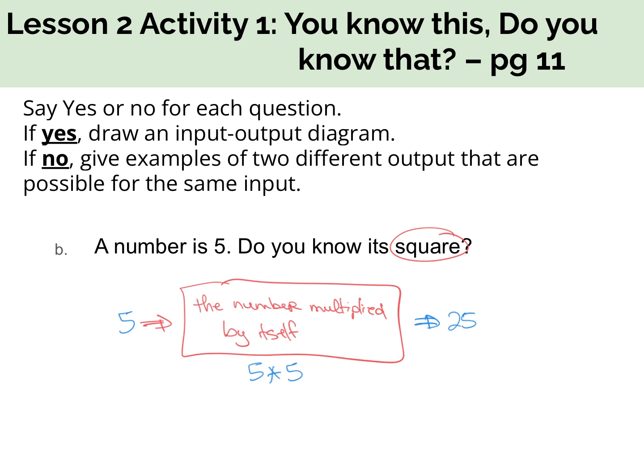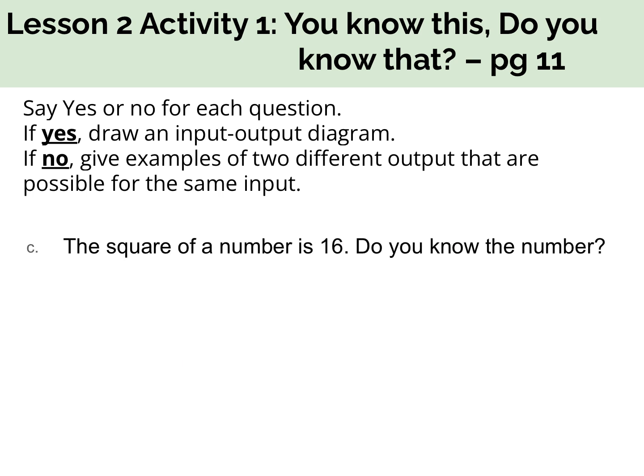So yes, we can make an input-output diagram for this situation. All right, letter C, it says the square of a number is 16. Do you know the number? So let's think about this really quickly as, can we actually do an input-output diagram for this? That answer is no. And some of you are like, well, why, Miss Marion?